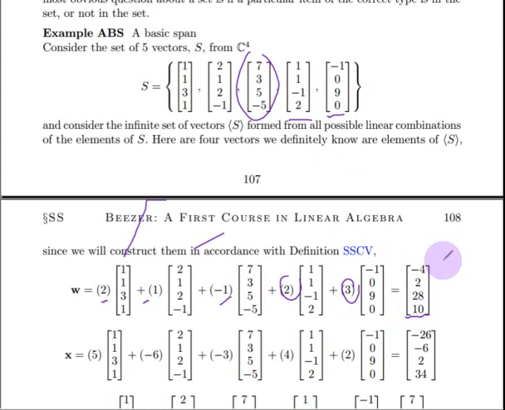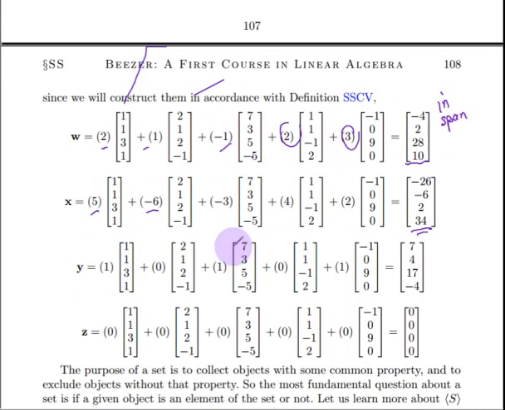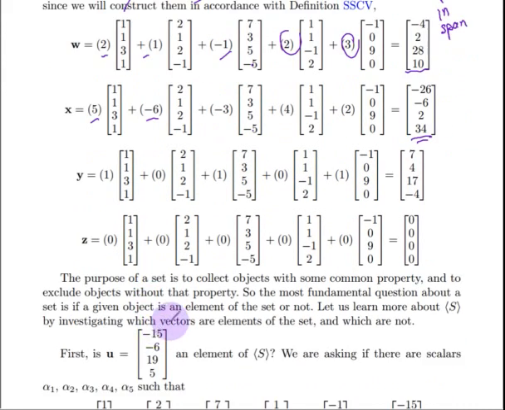And that will give me a vector in the span. Okay. Here's another possible vector in the span. 5 times the first vector minus 6 times the second vector, etc. Add them all together. You know that you add them component by component. And you'd get this vector also in the span. So there are lots and lots of vectors in the span. Okay, here's another vector in the span. Here's another vector in the span.